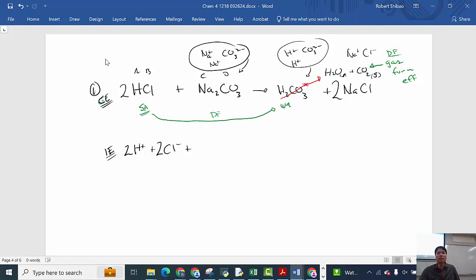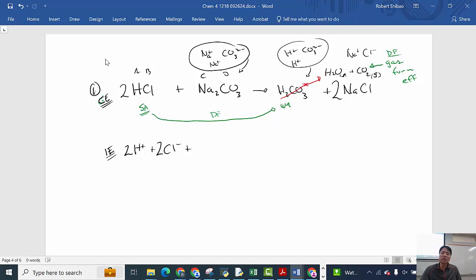Strong electrolytes are usually good conductors, unless they're low concentration. So is sodium carbonate a strong electrolyte? We ask ourselves, is it a strong acid? No. Is it a strong base? No. Is it a soluble salt?